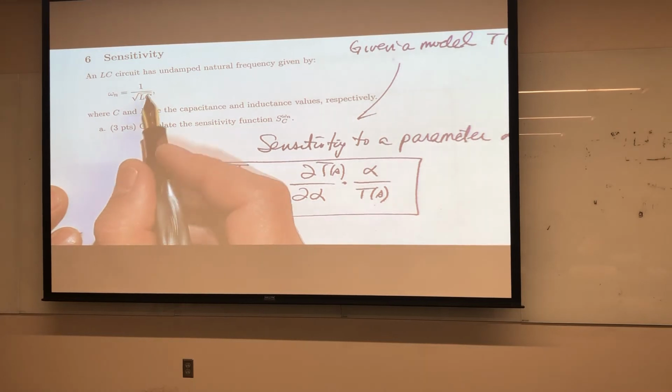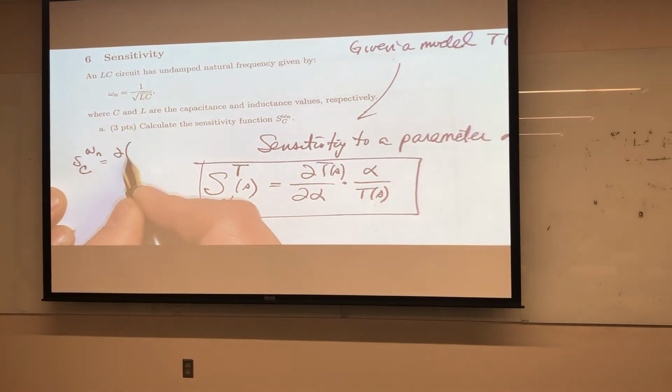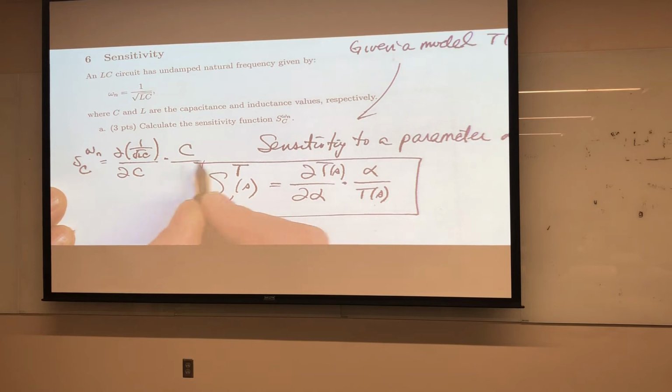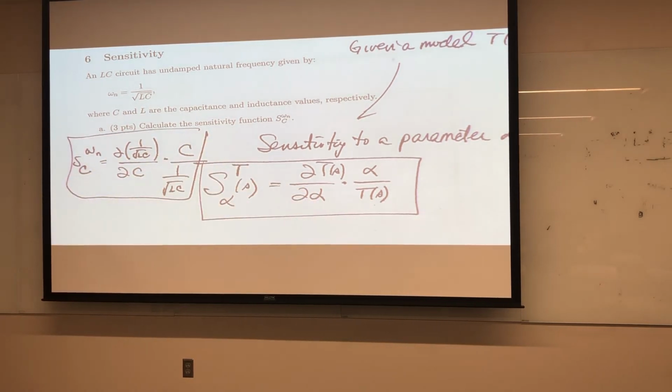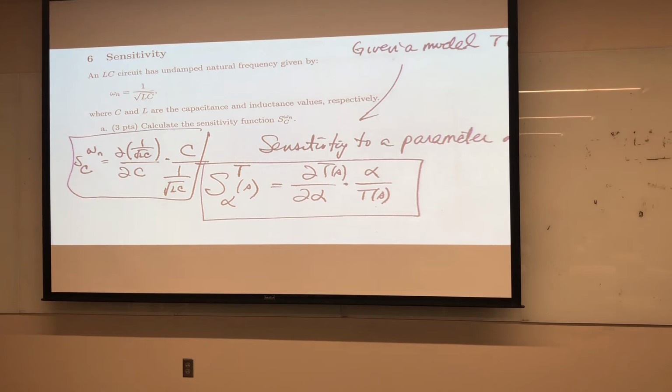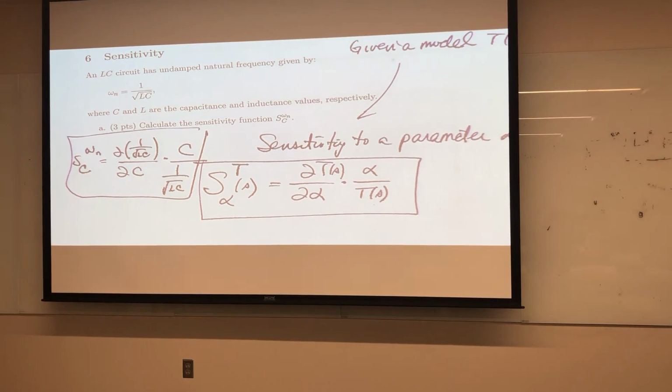What we would have to do here is calculate the derivative of this function, 1 over square root LC, with respect to C. Take the partial derivative, then multiply by C, and then divide by the original model. This is just a set of calculus operations for us to do, a little bit of algebra, and then you end up with a number or an expression.